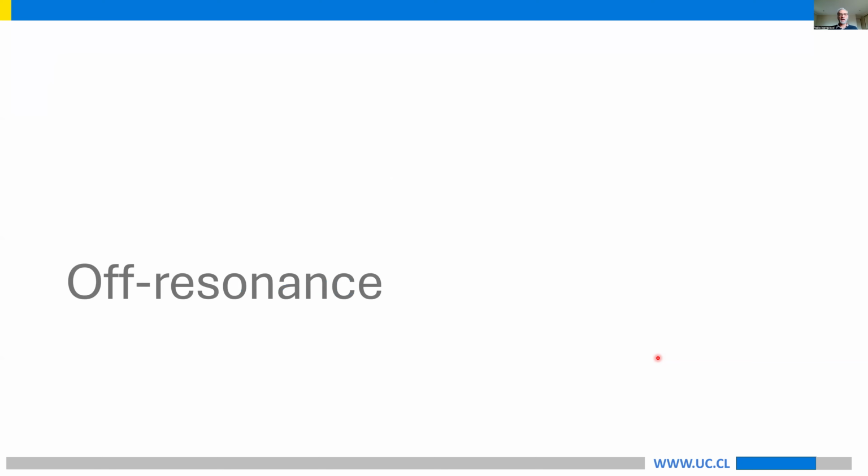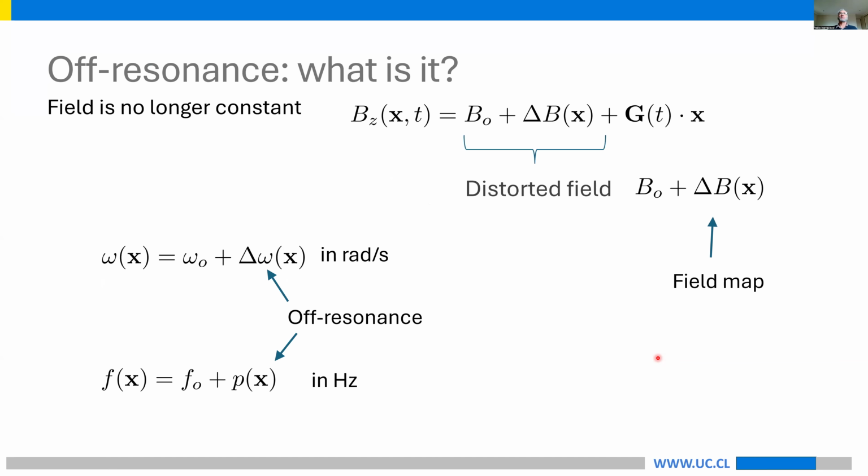So let's go to the other challenge, which is off resonance. I assume you are aware of what off resonance means. But basically, it means that the field, instead of being constant, has a variation as a function of space, in addition to the gradients that you control. So this is a distorted field.